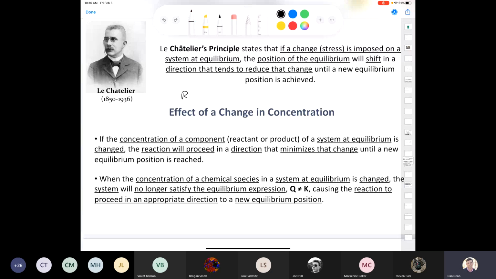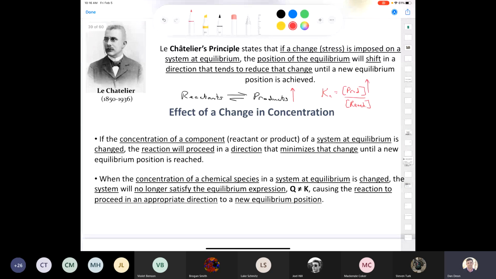If you have reactants in equilibrium with products, and this is the simplest possible example I can do, and you increase the concentration of the products, you know that Kc is equal to the concentration of products over the concentration of reactants, right? If you jacked this up, what would that do?